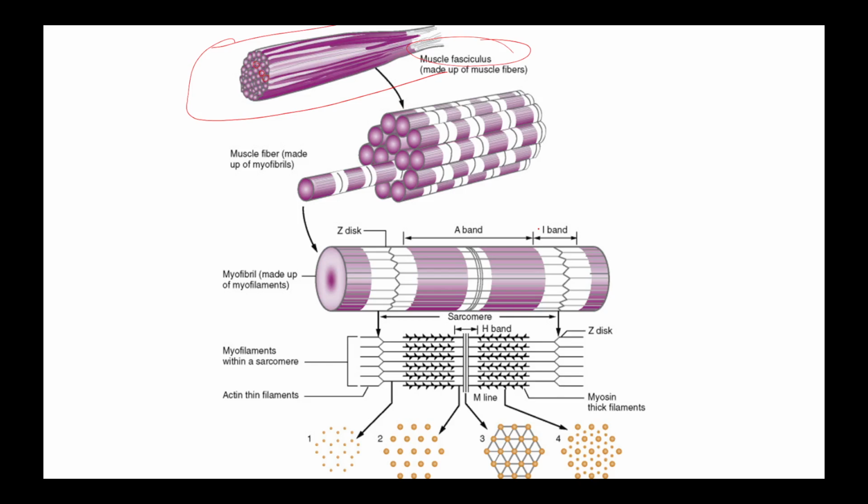And in the myofibrils, if you look in detail, you will see that there are some dark zones and also light zones. So it appears in fragments of dark and light and dark and light.